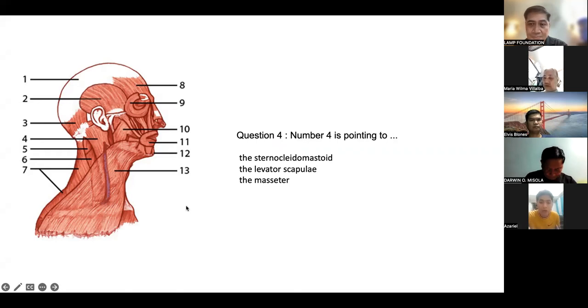Wait. Levator scapulae. Sorry, Doc. Number 4. Would you like to change your answer? Sternocleidomastoid.